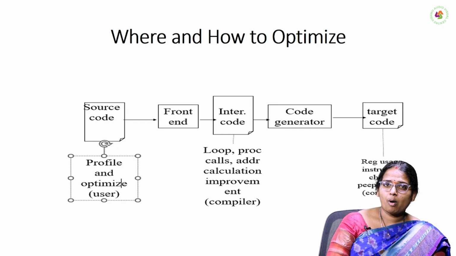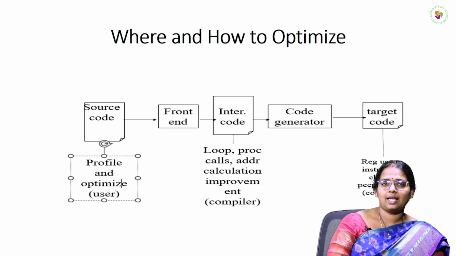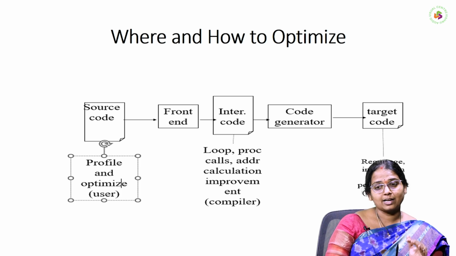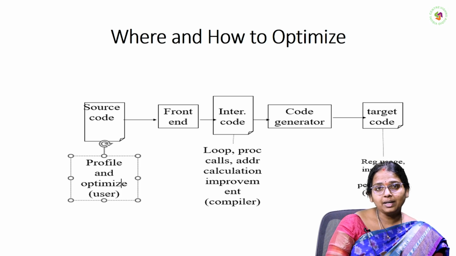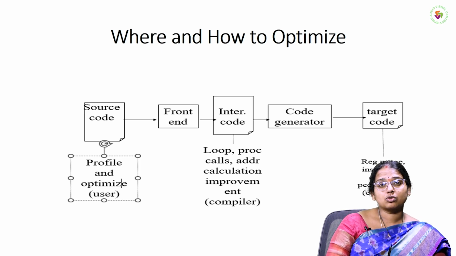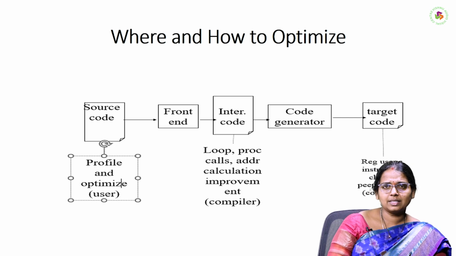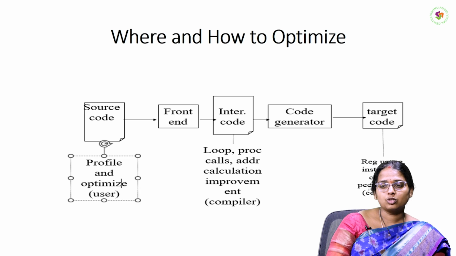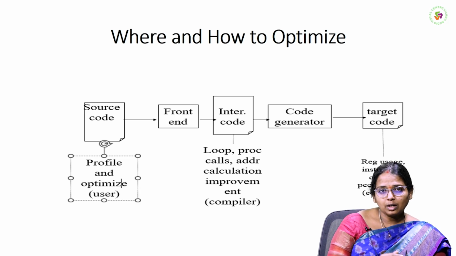So where and how do we optimize? Optimization can be done in any phase of the compiler: at source code level, intermediate code level, or target code level. Who is involved at the source code level? The user. When the source code is converted into intermediate code, that is done by the compiler.